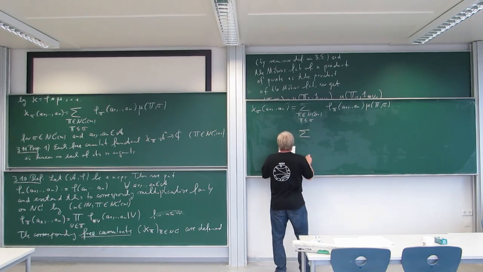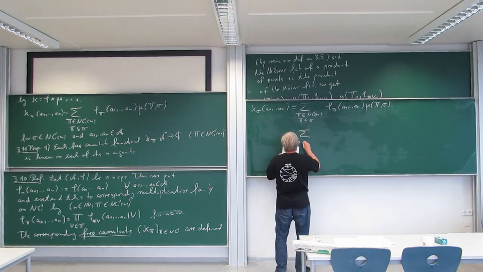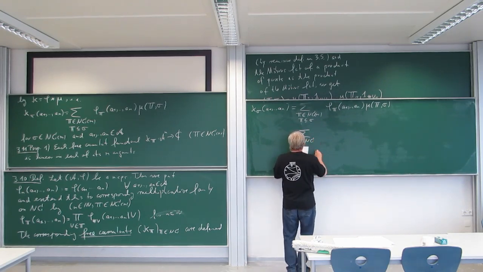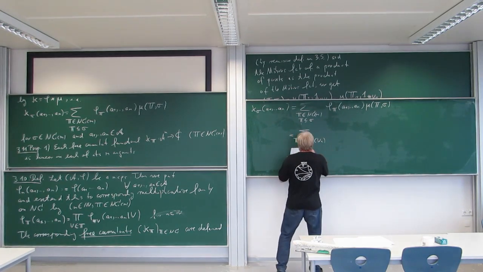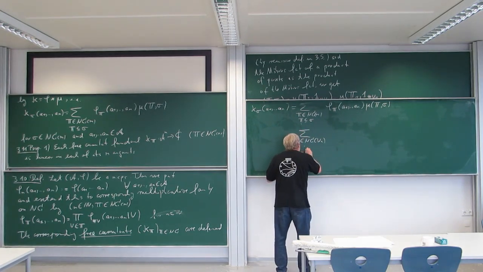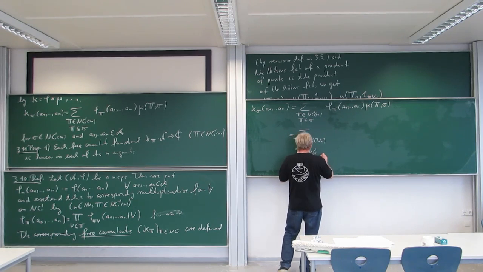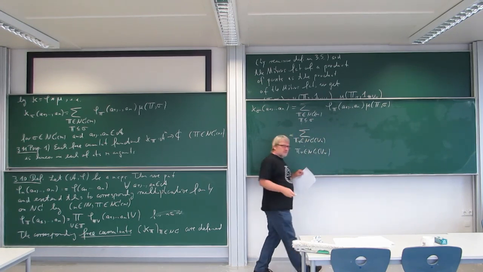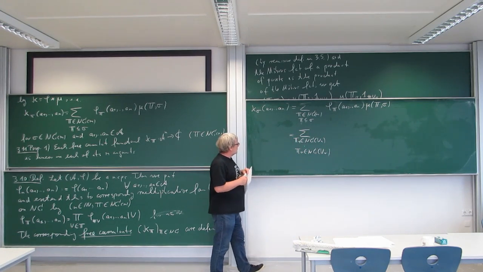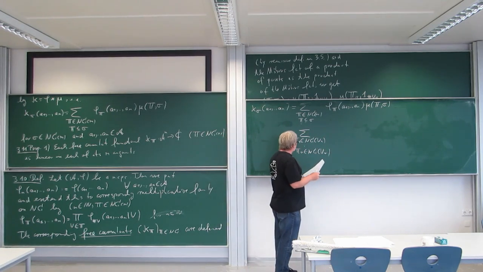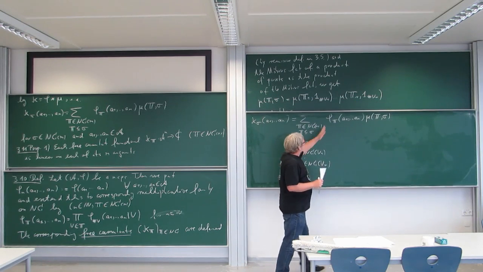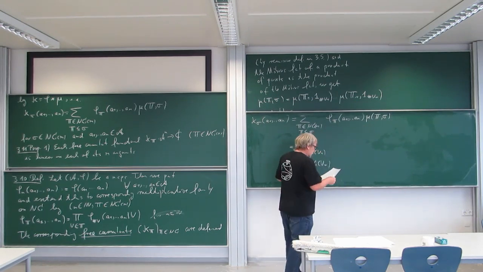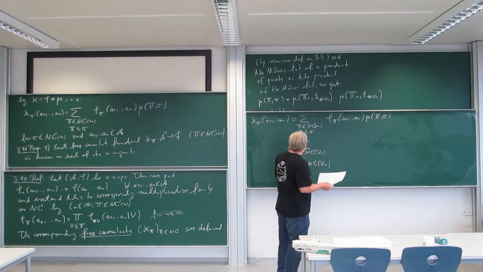So this sum here is actually the sum over pi 1, which is a non-crossing partition of the first block of sigma, up to pi r, which is a non-crossing partition of the last block of sigma.